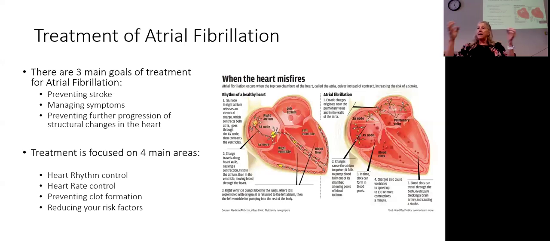Then the clots travel into the ventricle, which shoots them out into the body. They can go up to your brain, they can go everywhere. They could go to your kidneys and cause a little infarct there. But you can have a stroke because of these clots that form because the atria is not contracting together, strongly and regularly, and the blood is pooling there.